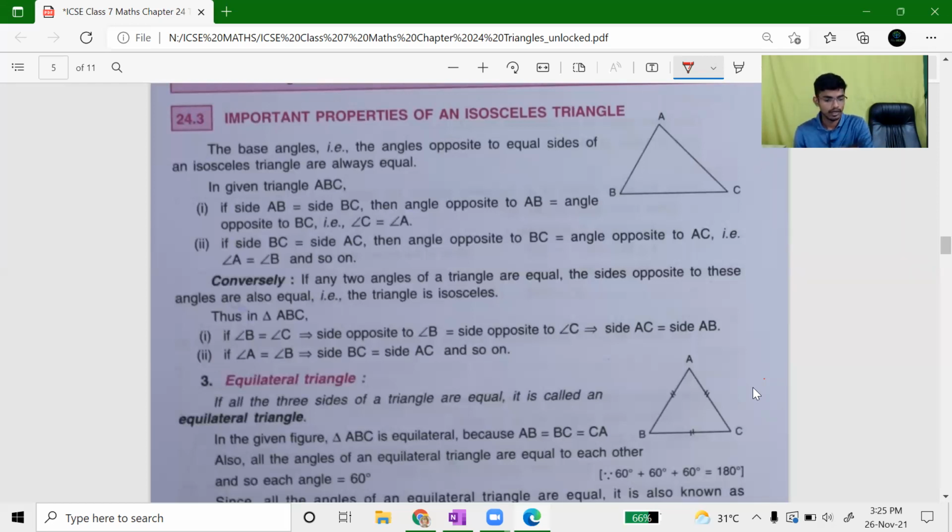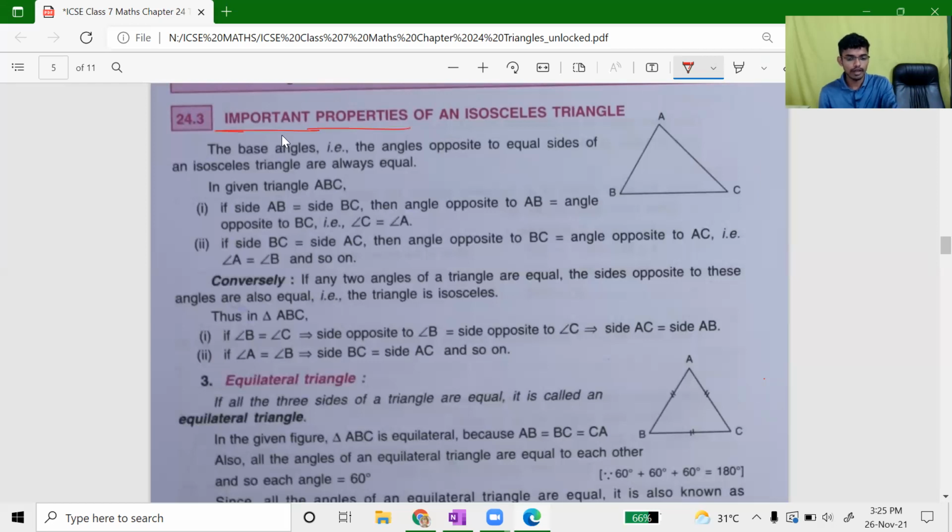Important properties of isosceles triangle. Now tell me, what is the meaning of isosceles triangle? How to recognize whether a triangle is an isosceles triangle or not? I have taught you 2 minutes before only. It will not be in a particular shape of a triangle. It will be in the shape of a triangle only, but what will be the difference?